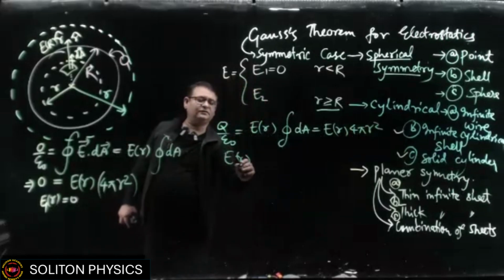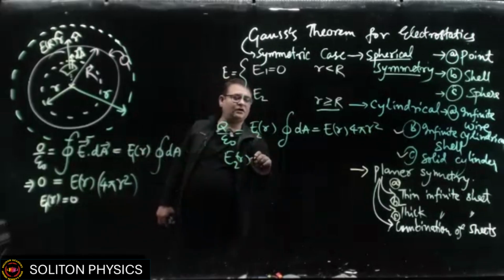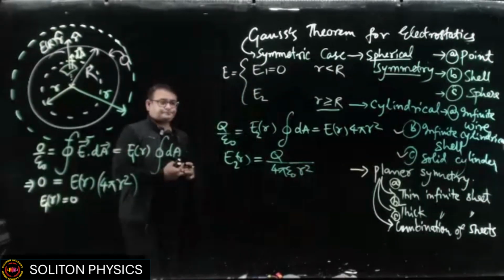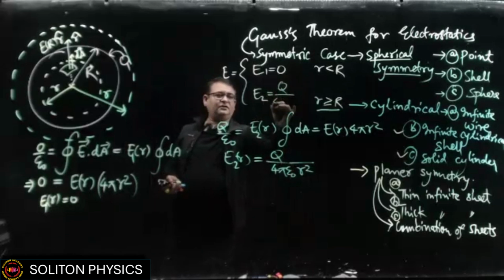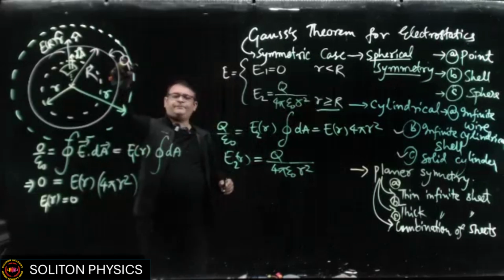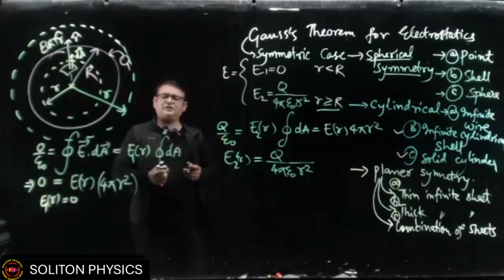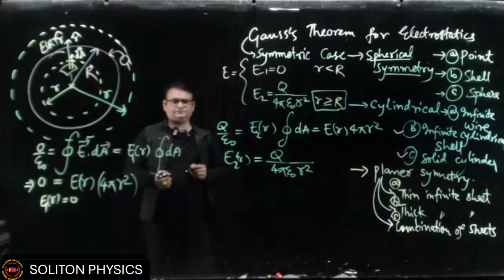So you can write that this is E2. E2 is equal to Q by 4 pi epsilon naught r square. So you see, in this case, you can think that this Q charge is at the center. Is this point clear? But only for r in this range. Is this point clear?